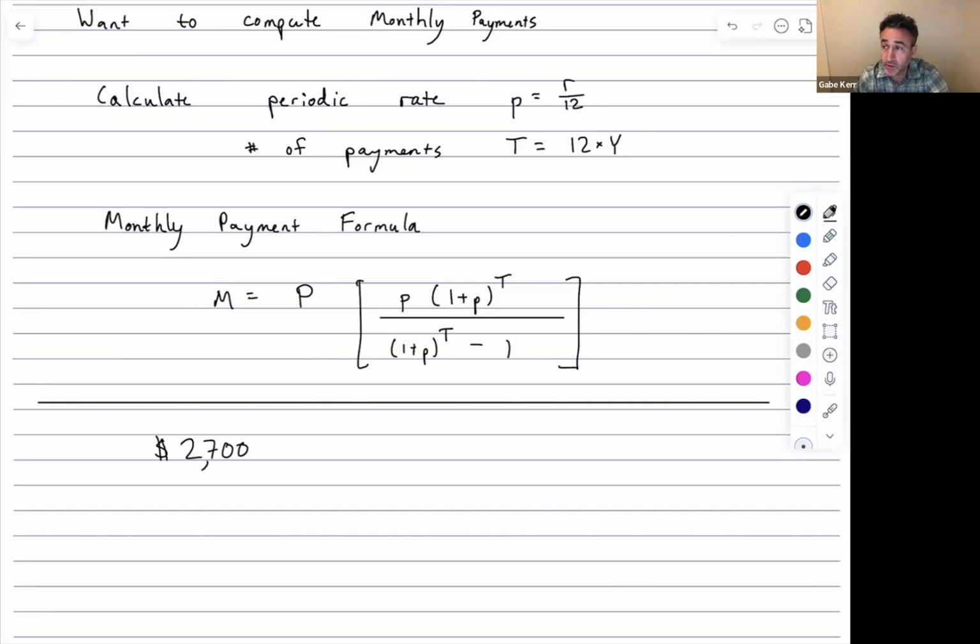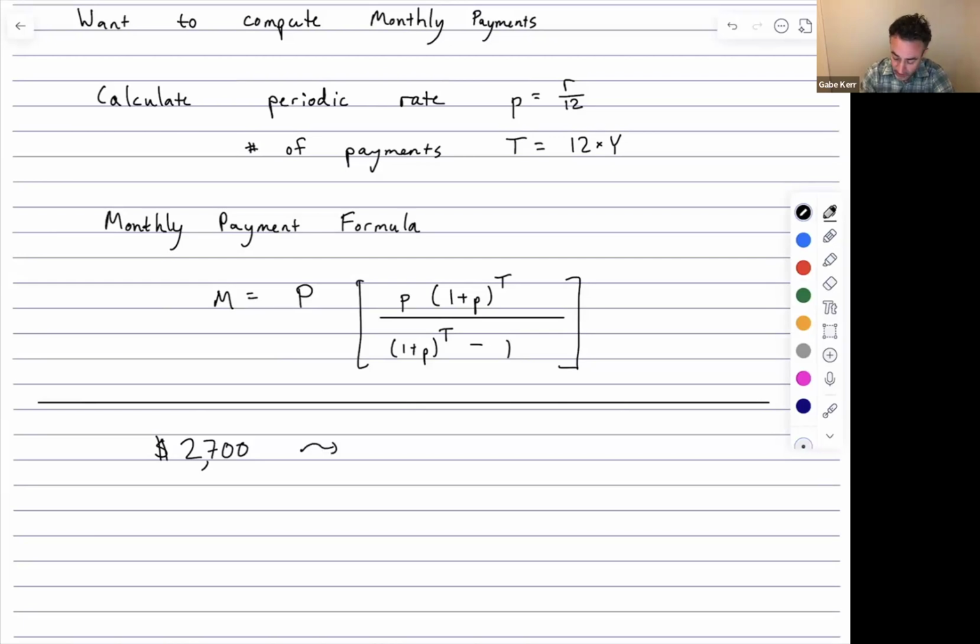2,700 may not be a big deal, but you go to a local bank and you find a really great bank, local credit union or something that charges, say, 6% for a 2-year loan on $2,700.